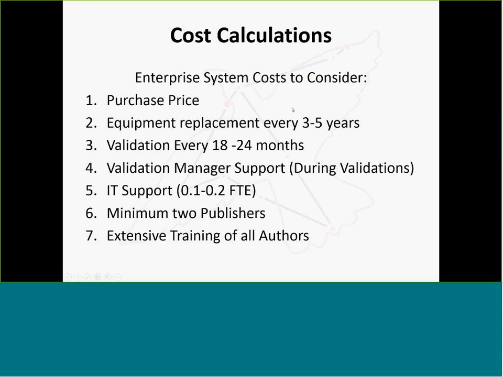Cost calculations. So consider, of course, your purchase price, and this is the purchase price of the software. Equipment replacement costs. This can be every 3 to 5 years or so. Validation. Now, you've got your initial validation, which will take 6 to 12 months and will be the longest. That's your validation after 1 year.